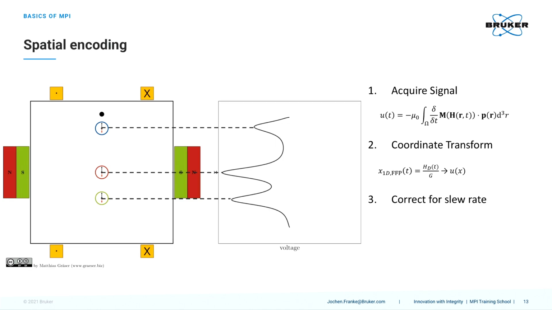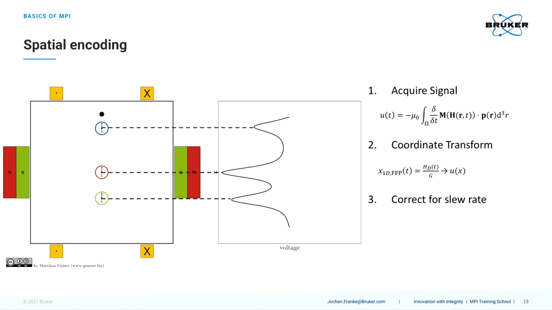And then we need to correct for slew rates, as it's not a continuous movement of the field-free point. It's a sine wave or a cosine wave, and therefore the velocity of the field-free point differs depending on the position, and this needs to be compensated.